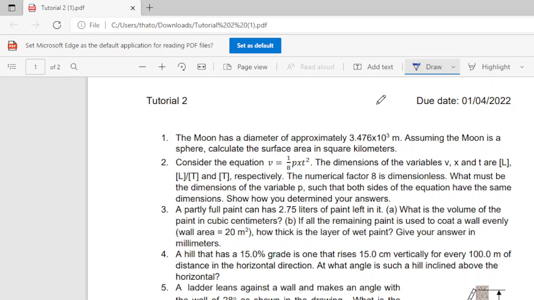Looking at question 2, we are given this equation here.